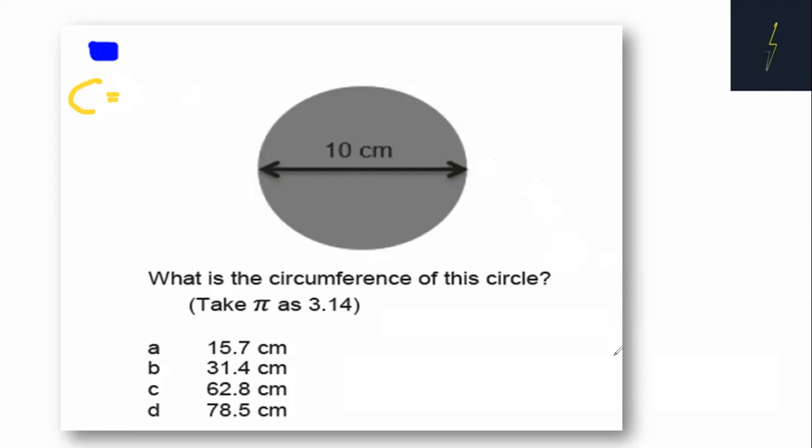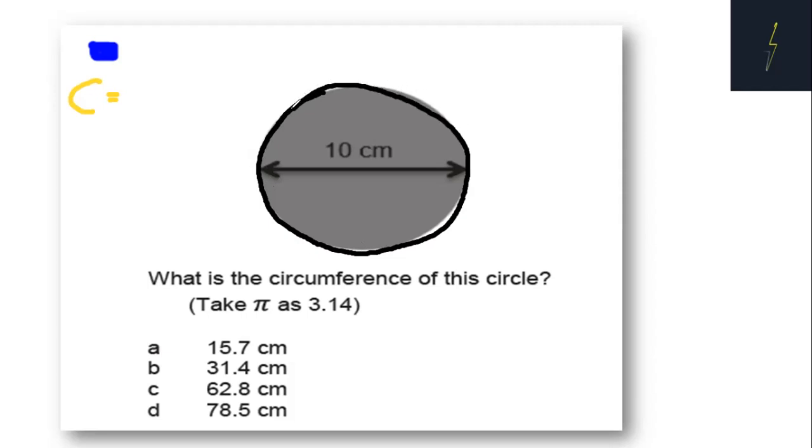Starts with P. When I say circumference, I'm talking about the distance along the contours of the circle.